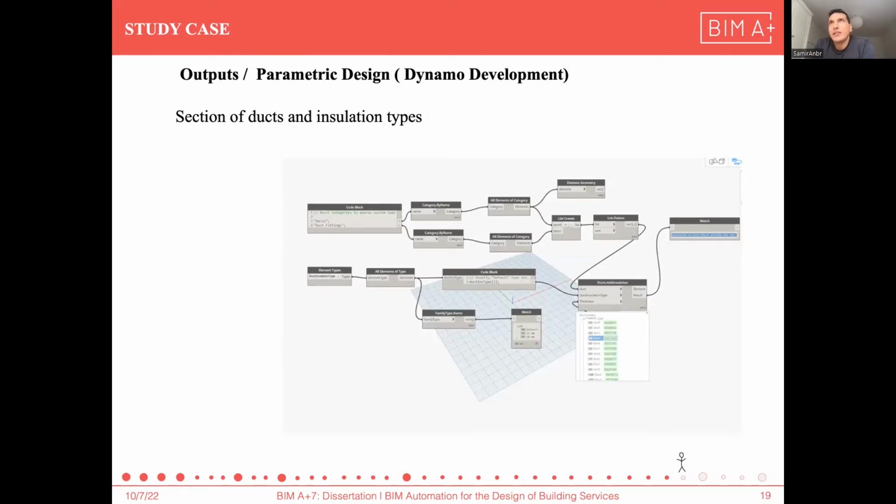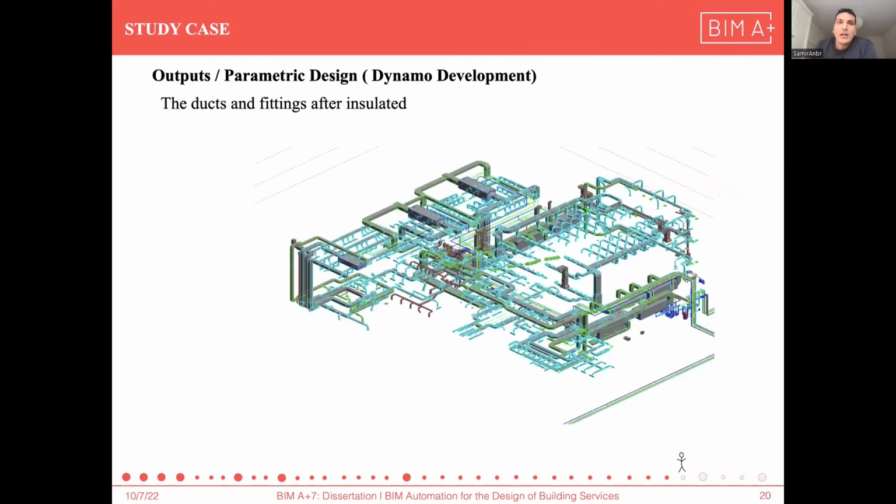Maybe I would spend 3 days to finish the installation for one project. With this tool, a small program in Dynamo, we can solve it in just 2 minutes. After using this tool, we make all the installation for this project in just 1 minute without any effort, like before we used the automation system.